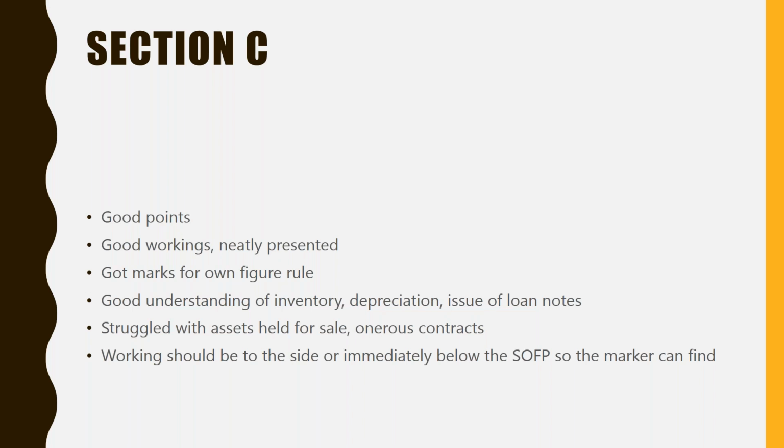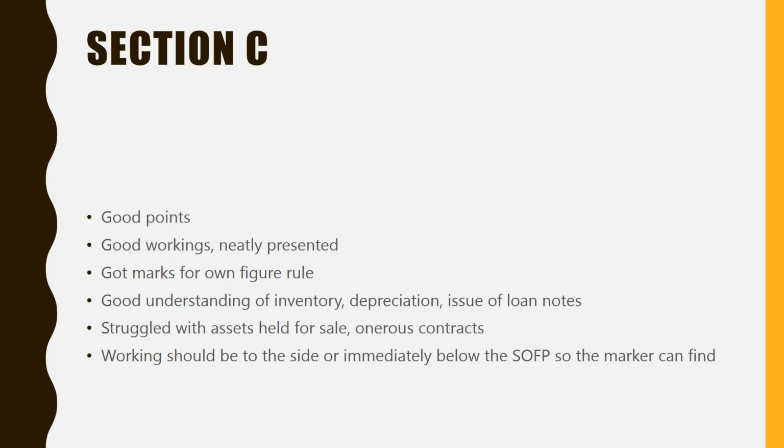Now, one of the things in terms of this is that you must always show your workings. So when you type up your balance sheet or your profit or loss account, just to the right or just below, type out your workings. Because this is being marked by someone, they will look at your workings and award you marks.